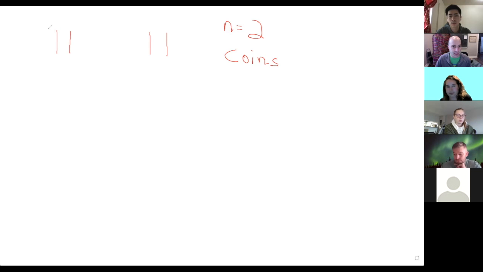I'm going to go first, and I'm going to take this one away. So now there's one pile that has the original two coins, one pile that has one coin. And now it's your turn, Jonathan. Okay. So I win if there's a single coin when it's my turn? The winner would be the person who takes the last coin.